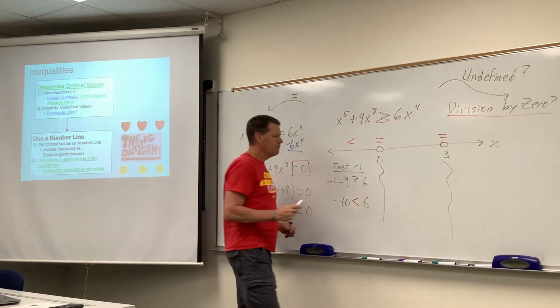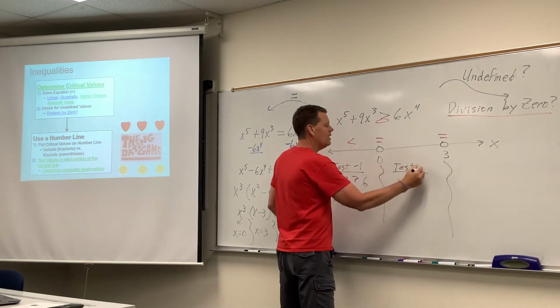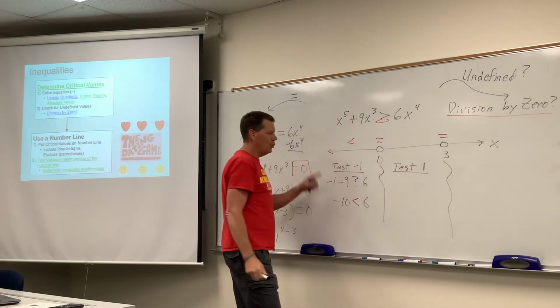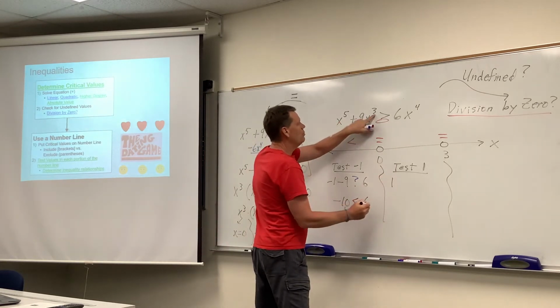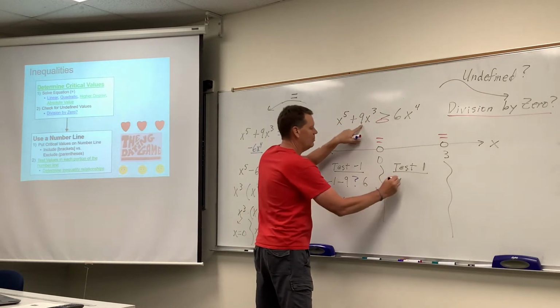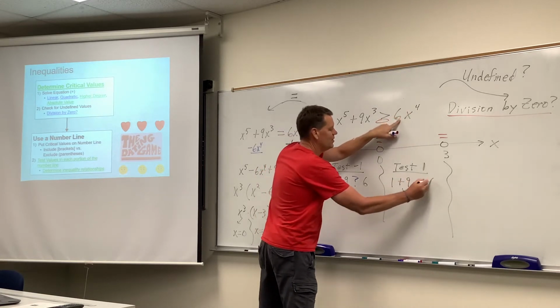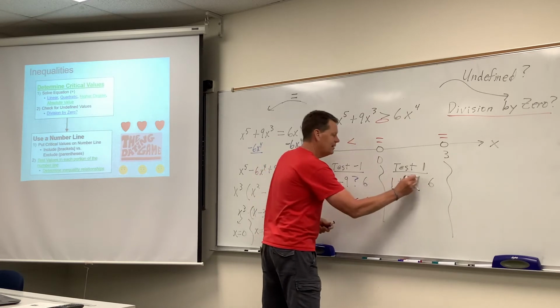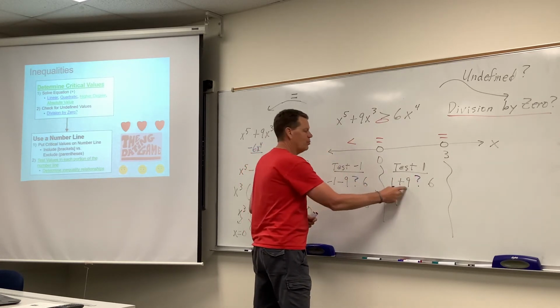Didn't work. Let's pick a number here between 0 and 3, about 1. Put it in for x. 1 to the 5th power is 1. 1 cubed is 1 times +9, that'd be +9. And 1 to the 4th power is 1 times 6 is 6. And again, I wait until I'm done doing all the math, so I put a question mark there temporarily.